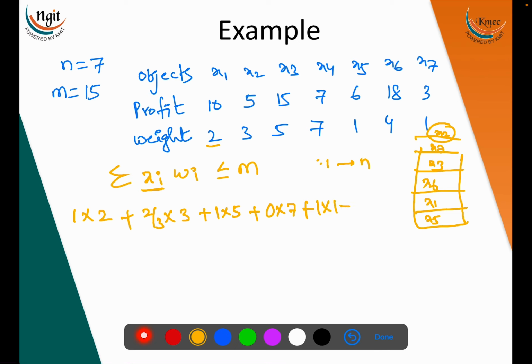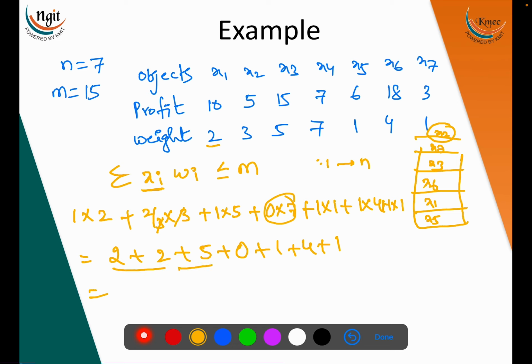X5 we placed, 1 into 1, and 1 into 4 plus 1 into 1. Now 1 into 2 is 2. The 3 gets cancelled, 2. 1 into 5 plus 0 plus 1 plus 4 plus 1. Finally 2 plus 2 is 4, plus 5 is 9, plus 1 is 10, plus 5. Total is 15. So the summation of xi wi less than or equal to m is satisfied.